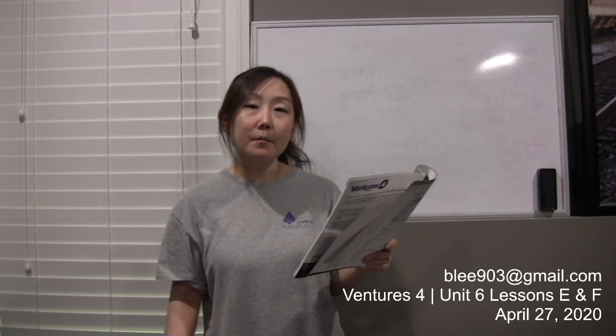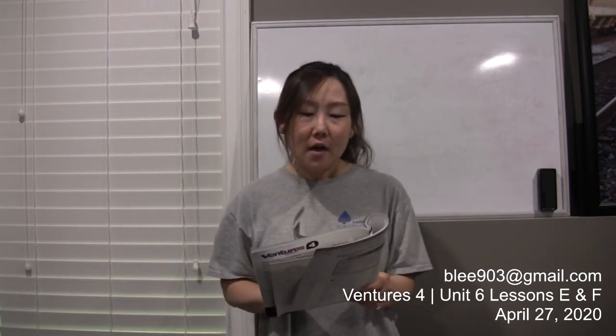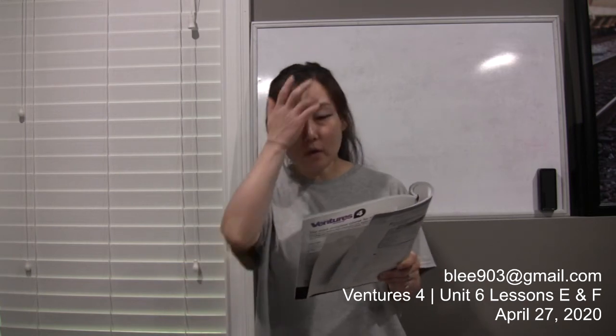Okay, so now we're going to look at our workbook on page 77. Workbook page 77. Okay, exercise 2. Complete the sentences with so or such. So if you look at number 1, ATMs are so convenient that banks don't have to hire as many employees. Okay, so this one uses the so plus adjective form.